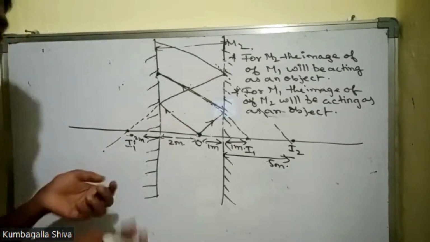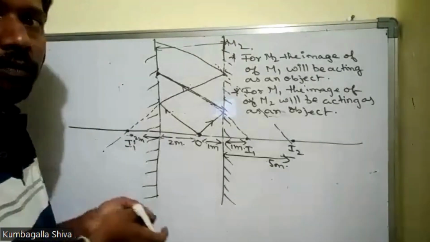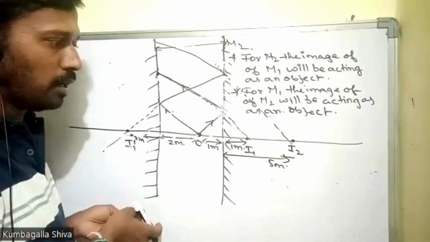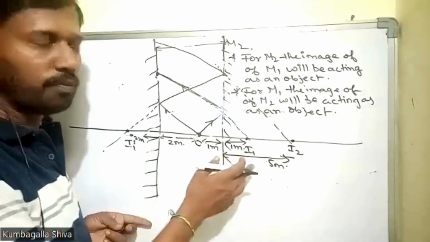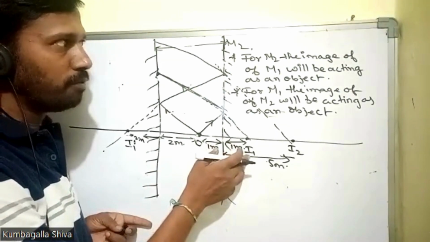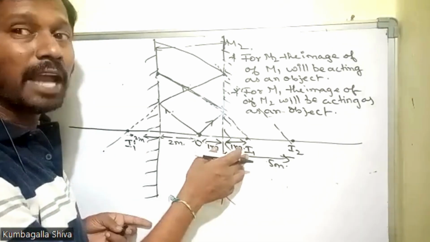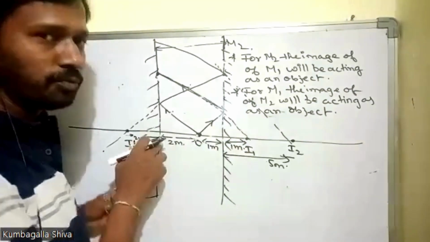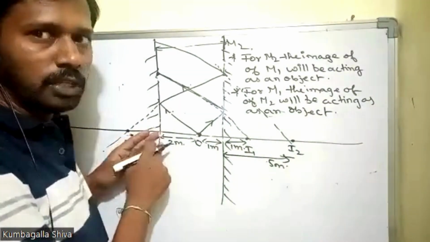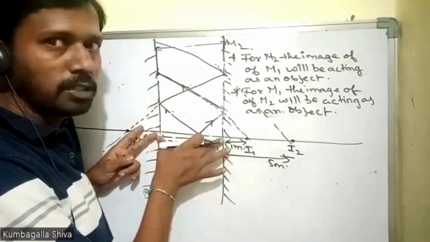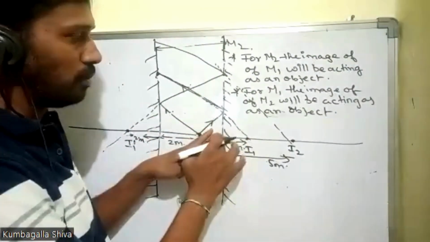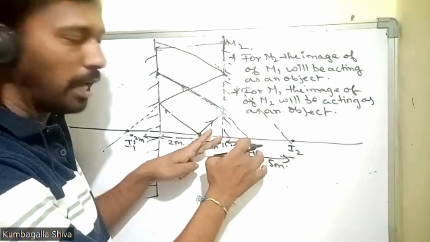Next, when I come to the side of M1, the image of mirror 2 will be acting as an object. Now when I come to this side, M1, the distance between the two mirrors is 3, and 3 plus 1, the distance from M2 is 1, which will be acting as an object.